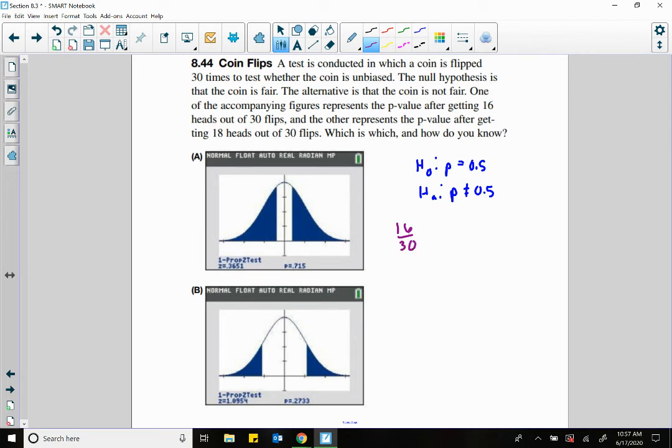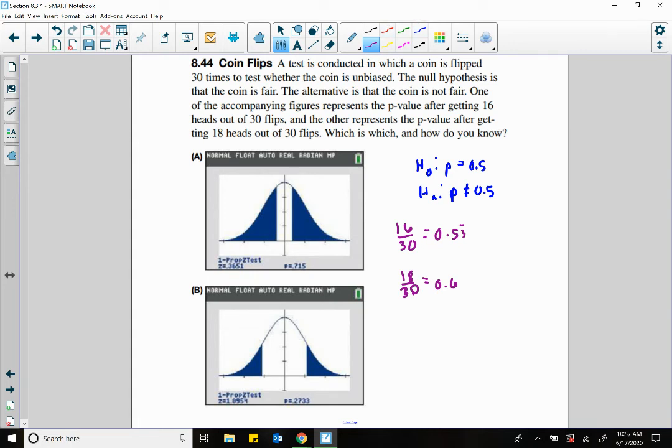If you did just a little bit of quick math there, and you took 16 divided by 30, you got 0.53 repeating. If you take 18 divided by 30, just a little bit larger of a numerator, you got 0.6.